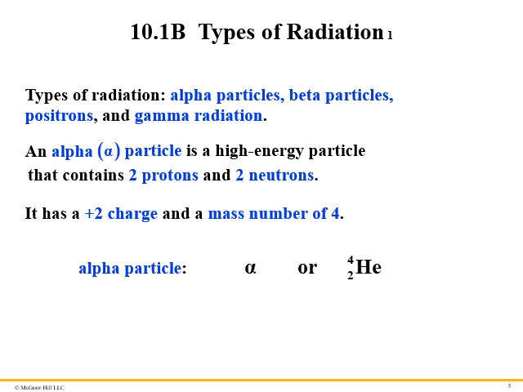An alpha particle is a high energy particle that contains 2 protons and 2 neutrons. So it essentially has a mass number of 4 and it has a +2 charge simply because it does not contain any electrons. For the alpha particle, we use the Greek letter alpha, or we can also use the symbol for helium because it has 2 neutrons, so it is essentially a helium atom, a helium ion, I should say.